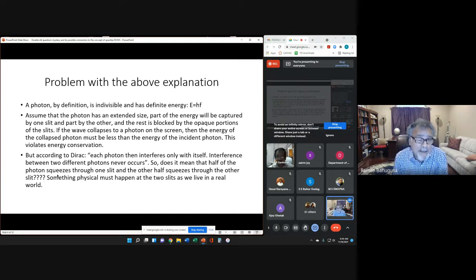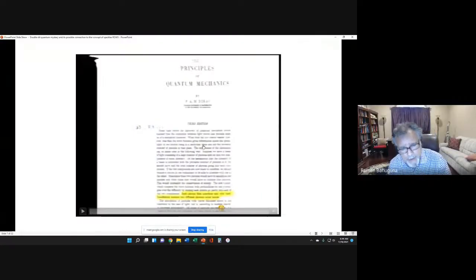Something physical must happen at the two slits, because we live in the real world. Quantum mechanics is great. It gives you precise results. But we have to understand that we live in the real world. So something physical has to go on at the double slit. Dirac made this statement in his book that a single photon interferes only with itself.